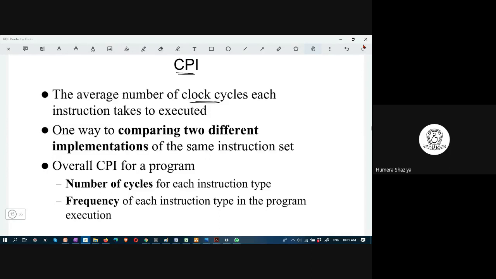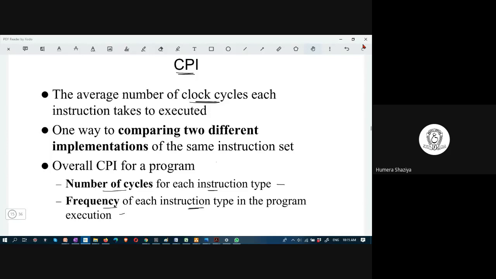Overall CPI for a program is equal to the number of cycles for each instruction type times the frequency of each instruction type in the program execution. Number of cycles for each instruction type means there would be different instruction types.